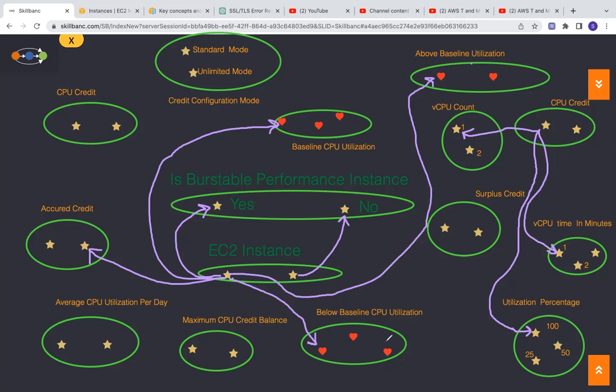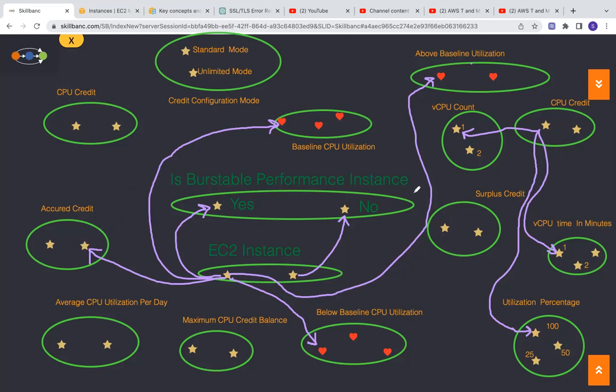Below baseline utilization and above baseline, all these three things will give you enough information, the start and stop of getting into this state, below and above the baseline. And credits will be accrued and stored.